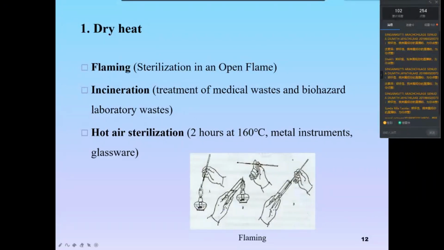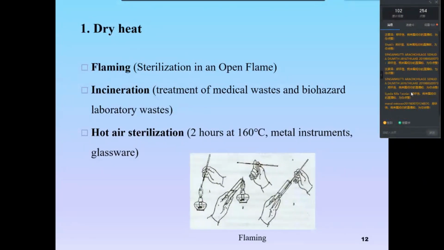In hospitals, or in our research lab, we generate waste that is different from our everyday waste. It contains medical material, which we call medical waste. There might be blood or microorganisms there, and for this medical waste, we need to treat it with incineration. We need to burn it into ashes.